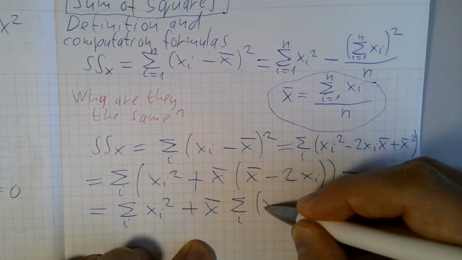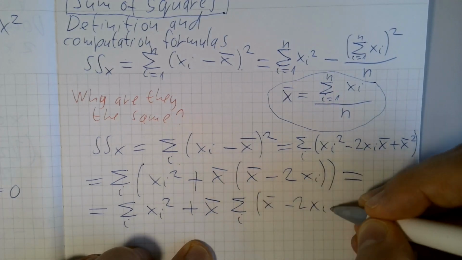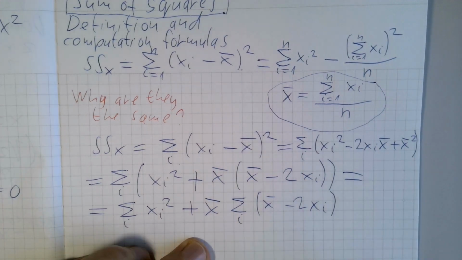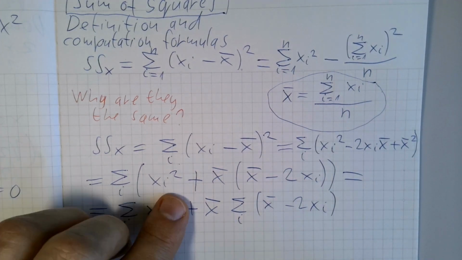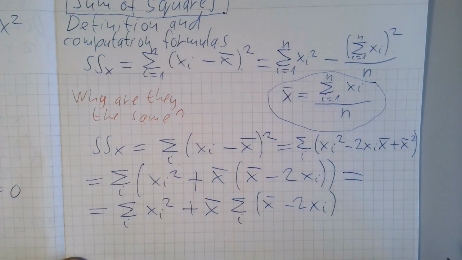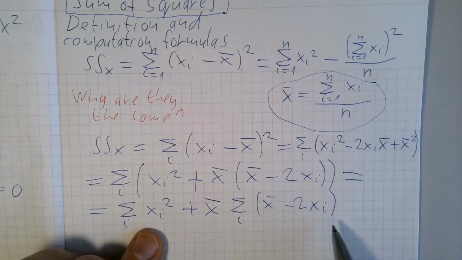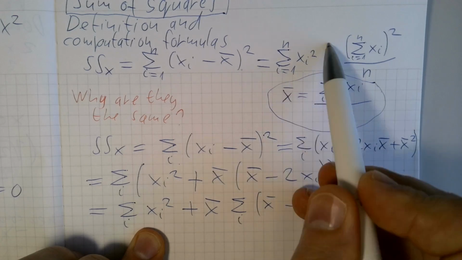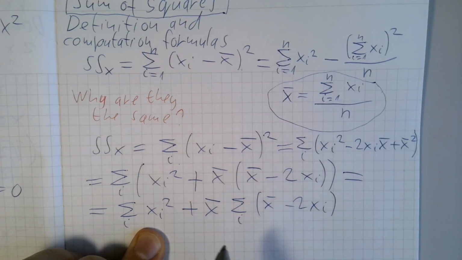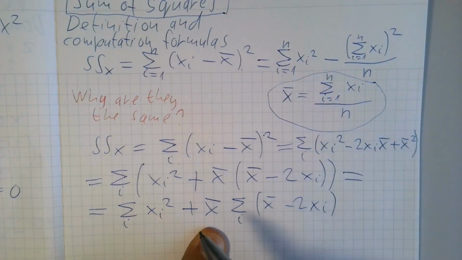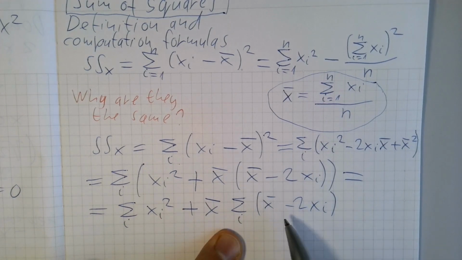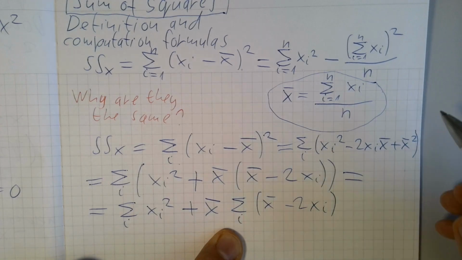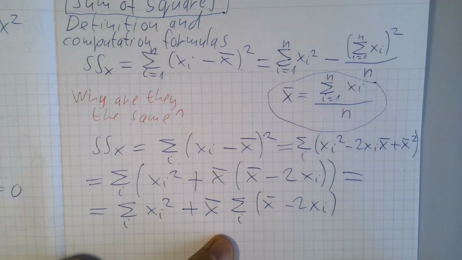That will be the mean minus 2 times xi. Okay, so that thing has been fixed. And now, I'm done with this part. This is already what's in the computation formula. So I just have to show that the mean times the sum of the mean minus 2 times xi is actually the same as that.